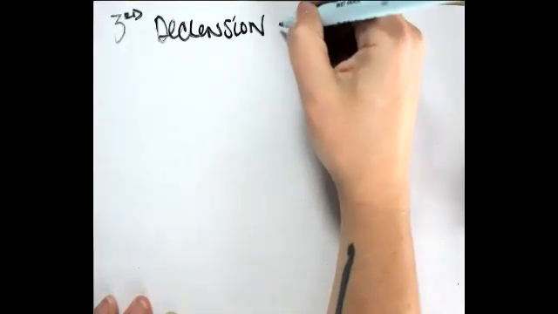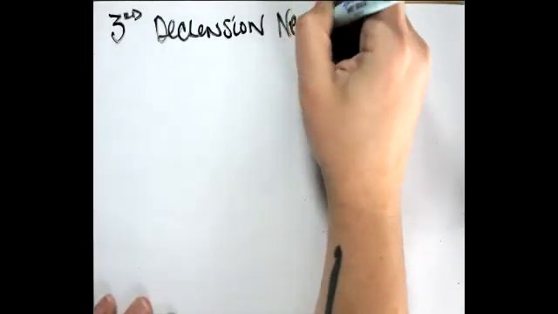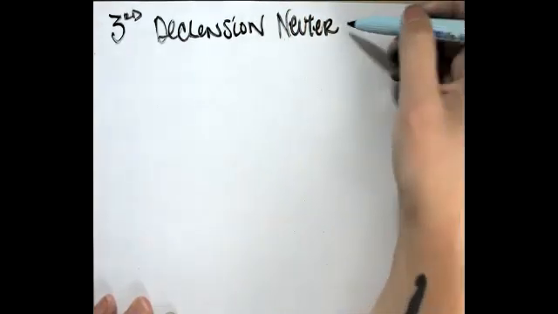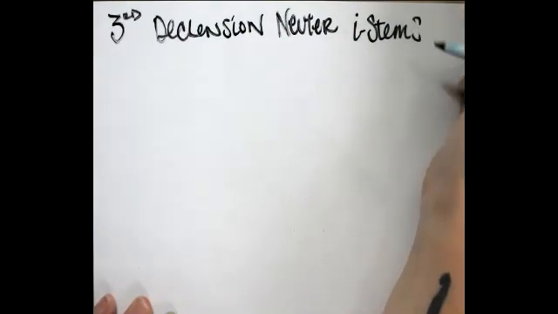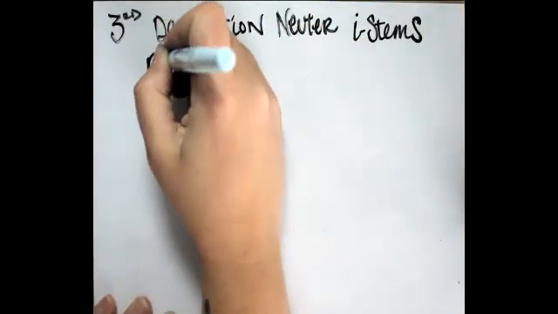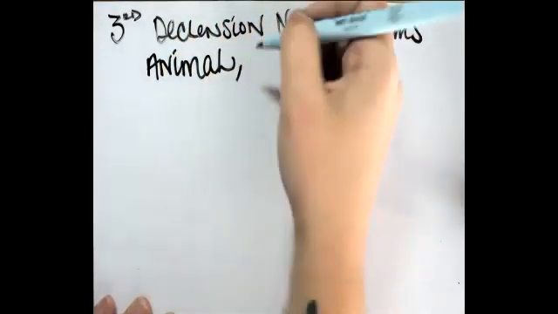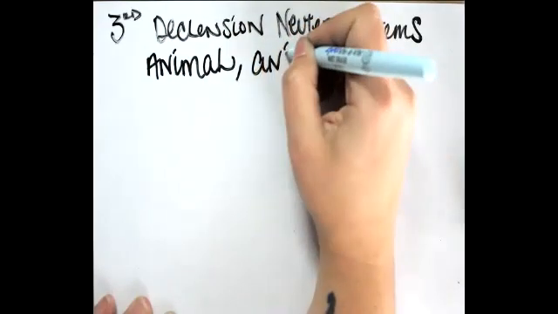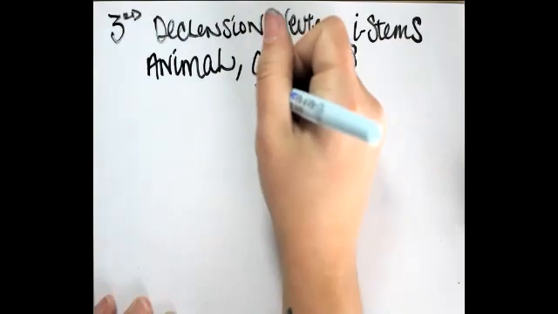We have a couple of little changes here. So like I said, we'll use animal, animalis, and this is just animal.